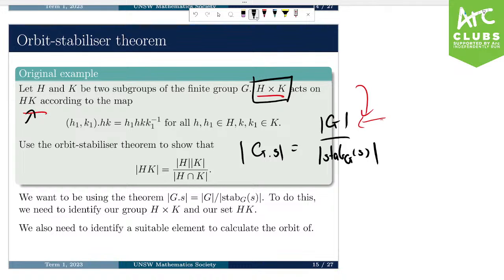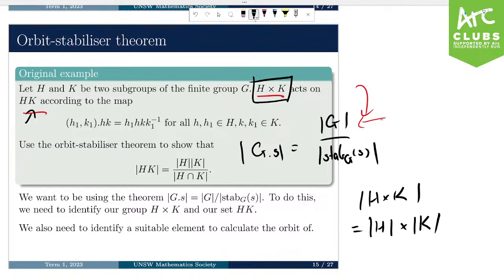If we calculate the size of H × K, this is just the size of H times the size of K, which is actually our numerator here. So that's a hint that we're going in the right direction.